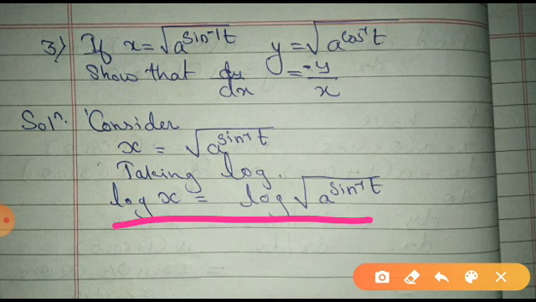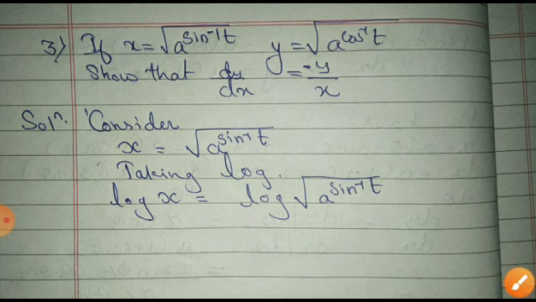Again, the derivative of log of root of a raised to sin inverse t will be 1 by root of a raised to sin inverse t, but it is not our standard form. So by using the chain rule, it should be multiplied with d by dt of root of a raised to sin inverse t.